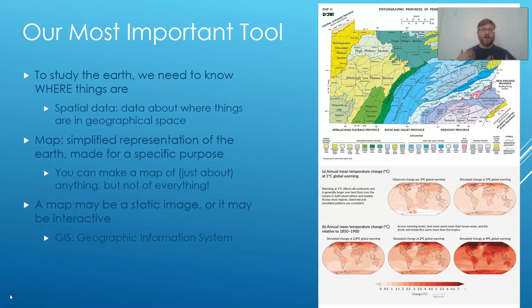These are computer programs that help us to analyze spatial data. When we have that spatial data about where things are, we can use computer systems, which we call GIS, to help us explore and analyze that data in ways that we couldn't do with just a static flat map that you might print out on a piece of paper.